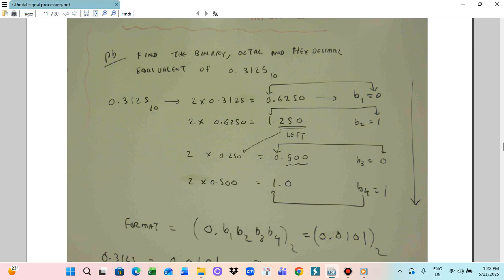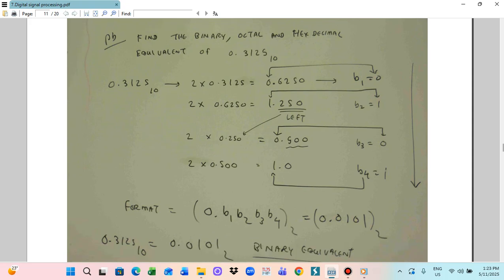So after ending at the 1, you can write the result. You read from top down to here. The format of the number is 0.B1 B2 B3 B4 base 2.